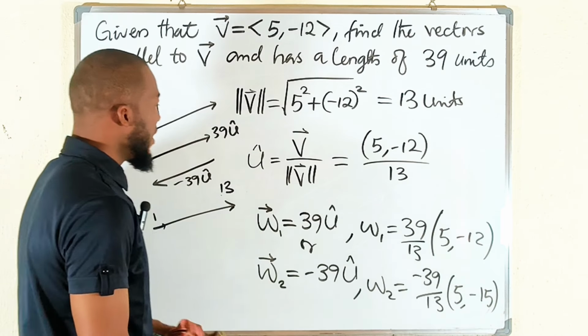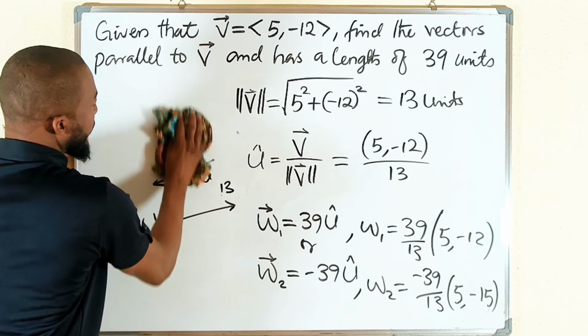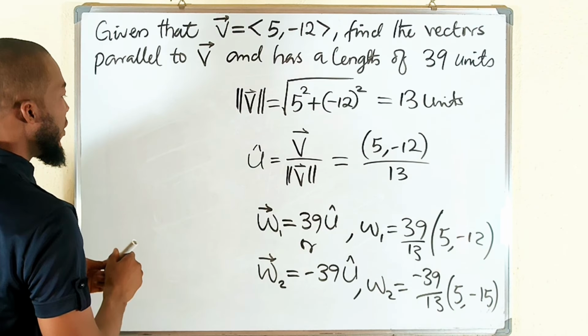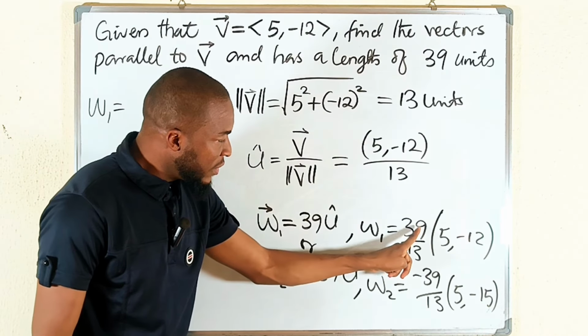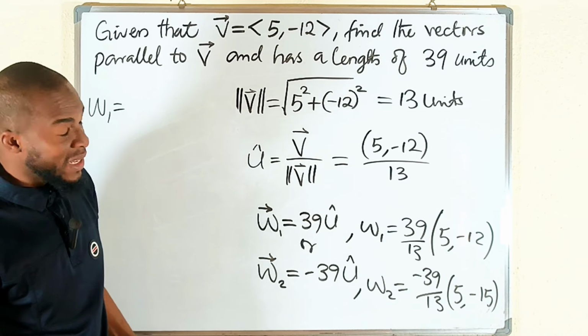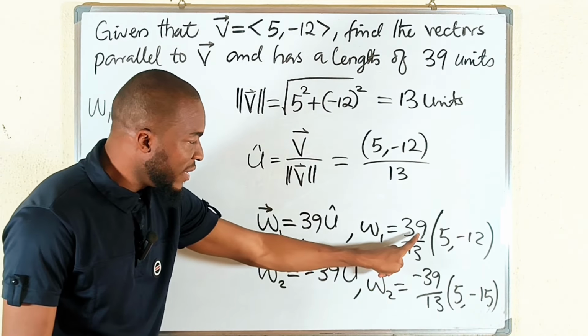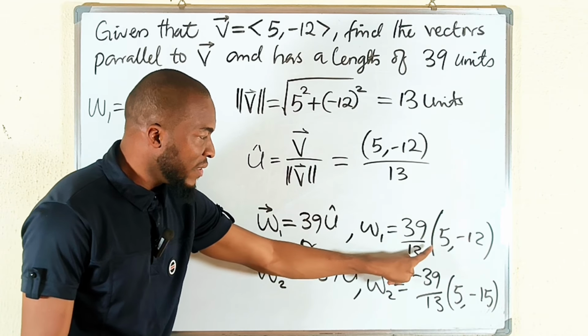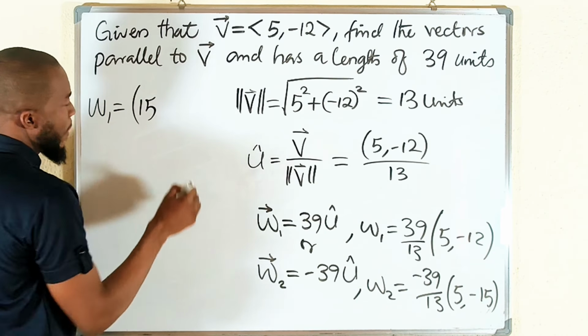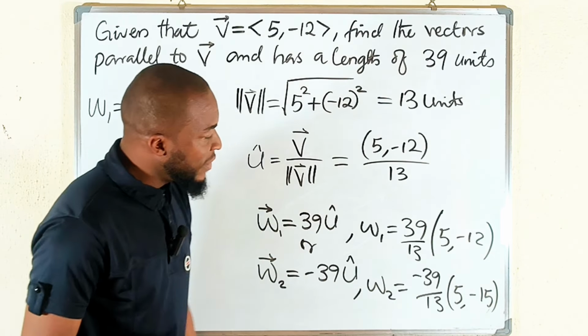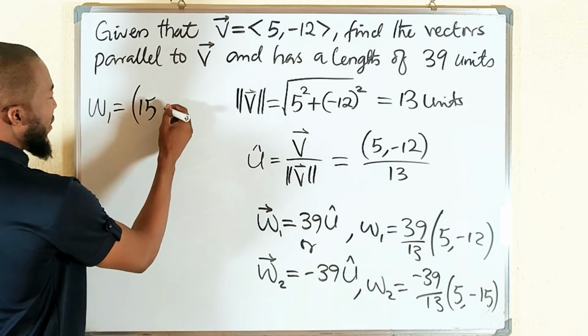So let's simplify here. The first one will be equal to what? 39 divided by 13 will give us 3, exactly, because 3 times 13 is 39. And 3 times 5 is 15. And 3 times negative 12 is negative 36.